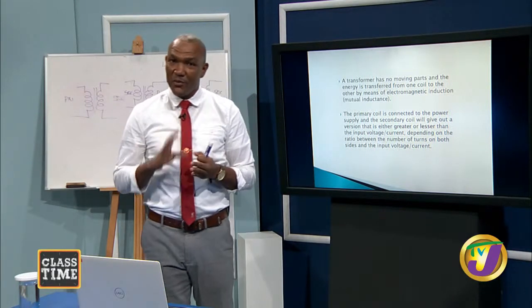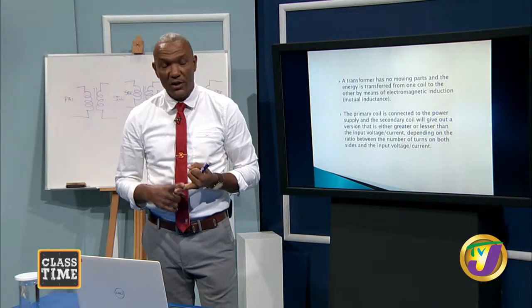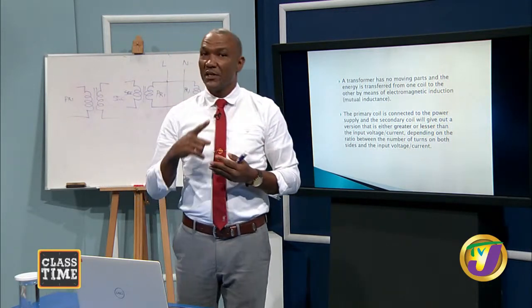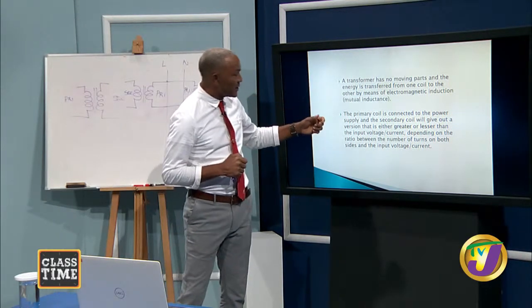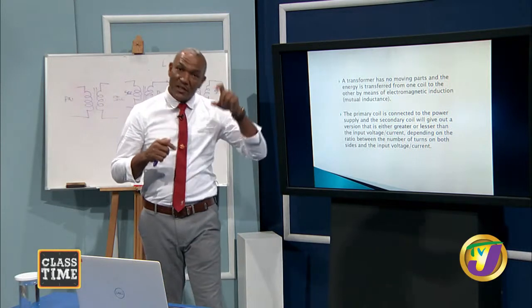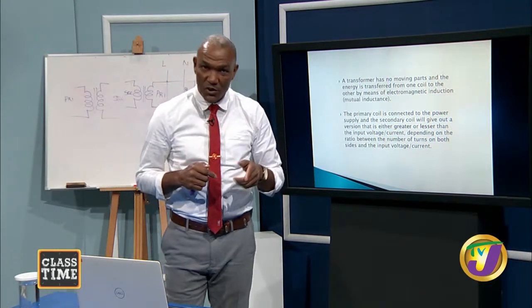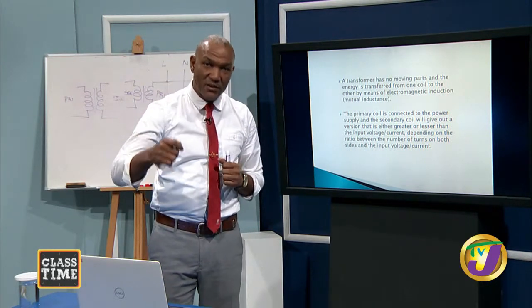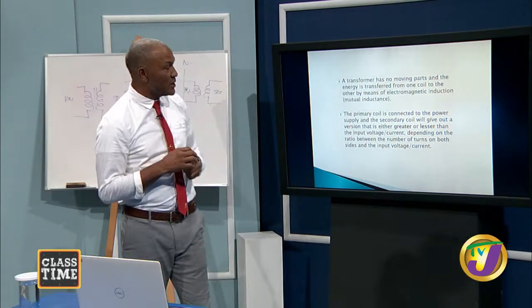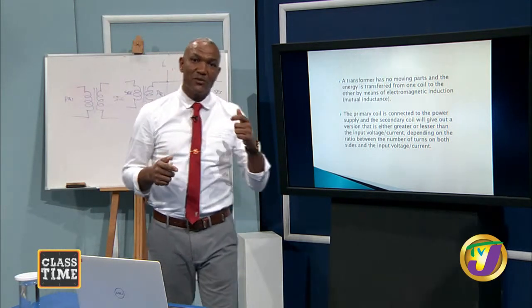So we are looking at four main things: the primary coil, the secondary coil, the primary voltage, and the secondary voltage. Bear in mind, the primary is connected to the power supply, so that voltage is called your primary voltage. The transformer will give out a voltage, called the secondary voltage, which is going to be either greater than or less than the voltage that it was connected to.